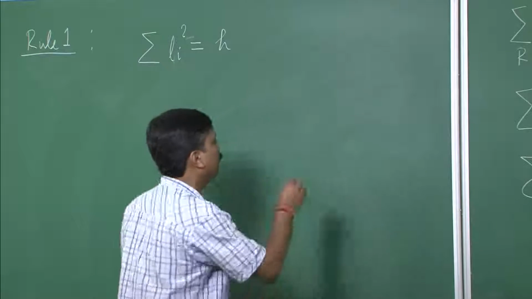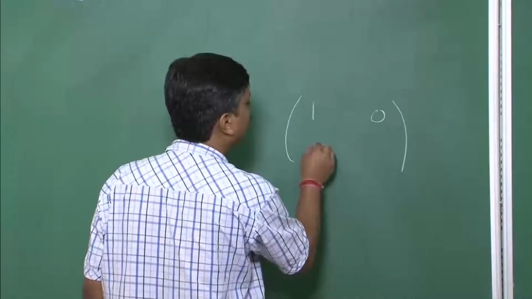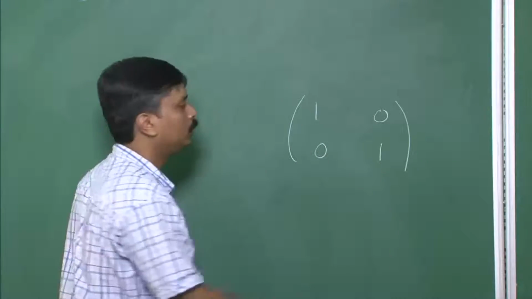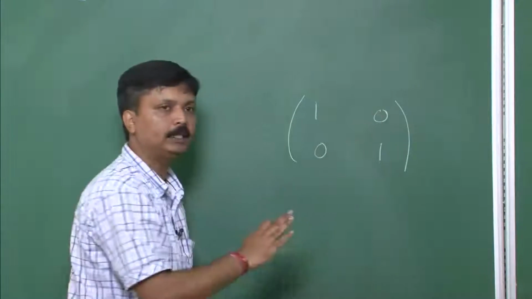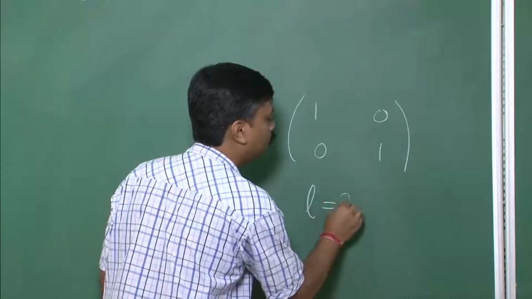So for example, if I have a 2-dimensional representation, the identity matrix will give me this one, right? So this representation is a 2-dimensional representation. That means l equals 2 here.